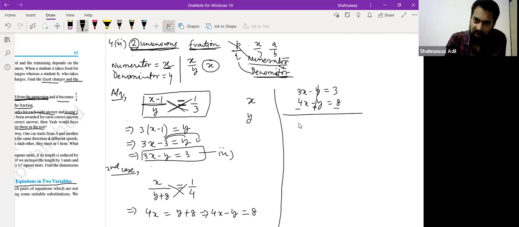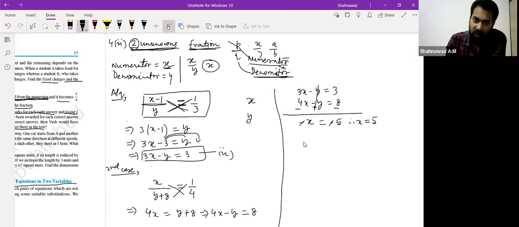Minus x, right? So minus 4 is greater, so minus x. And this would be what? 3 minus 8 is 5, what sign? Minus 5, right? So minus 8 is greater, right? So this cancels. So x is 5, right?